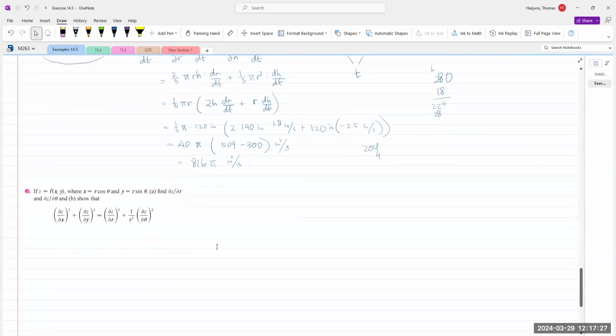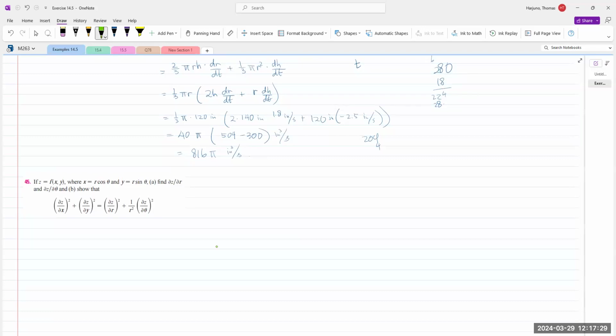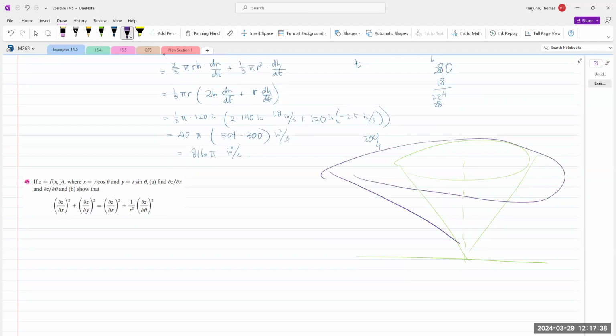Now imagine if the leaking has not been stopped. The depth stays the same, but the radius increases, right? Now we still can compute how fast the oil is actually leaking. We approximate the oil that is leaking as a cone. Of course, it's not a perfect cone, but it can be approximated.